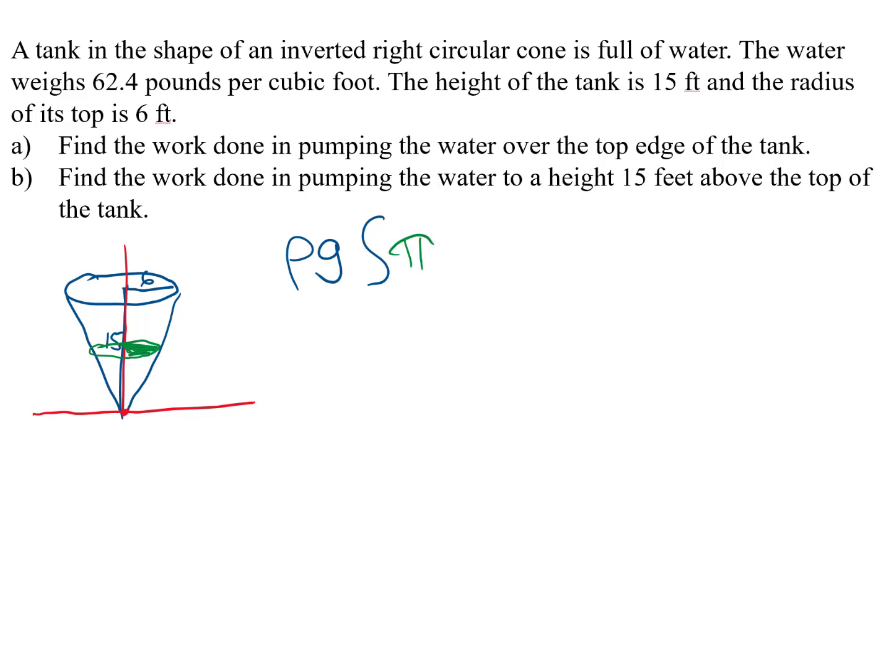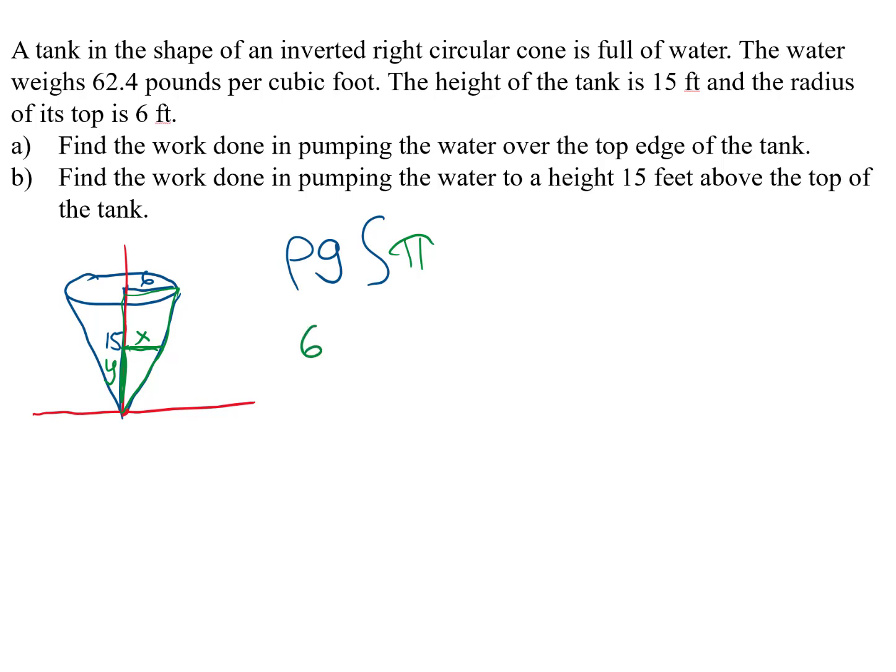Our r is going to be, as we go across here, that's x. And then we've got this distance up to the slice, which is y. So in order to figure out our x, that's going to vary depending on where the slice is, but we can see that we have similar right triangles here, and so they will be proportional.